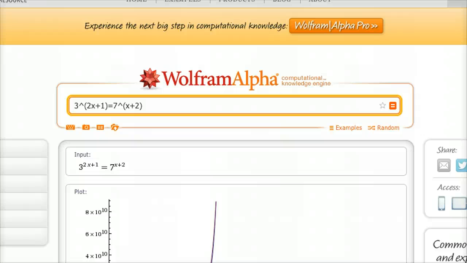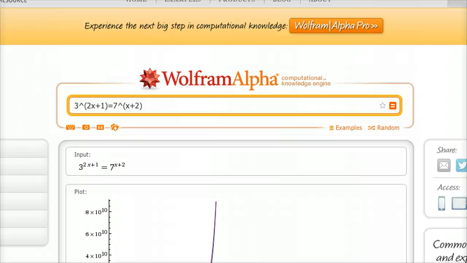I didn't test this before I started this problem, which is kind of cool because we're going to see some cool math. 3 to the 2x plus 1, if you plug 11 into that, you end up with 3 to the 23rd power or so, which is some number in the billions or tens of billions.